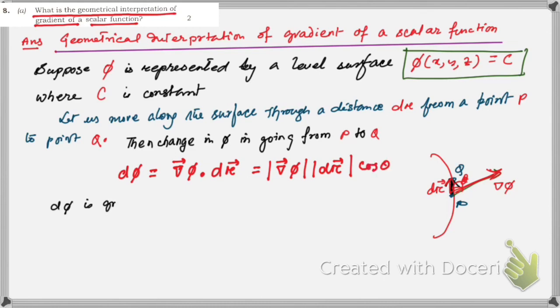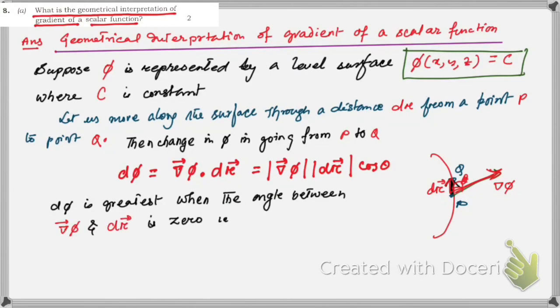So this value of d phi will be greatest when the angle between del phi and dr is 0, right? That means if they are parallel. So if you move along this direction, along the direction of del phi, then you will get the greatest change.